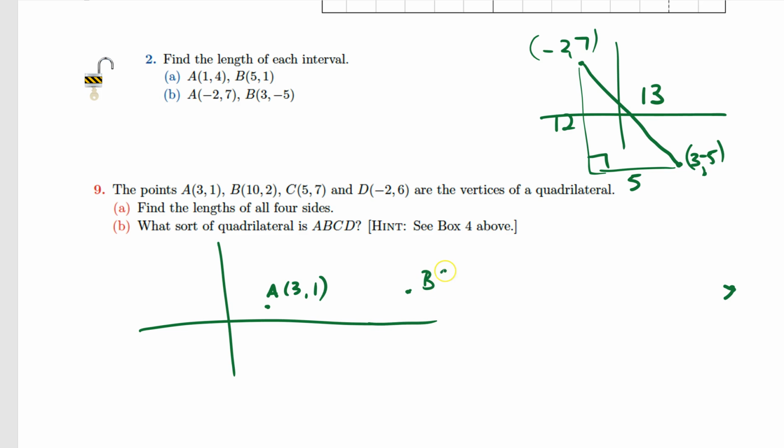So there's B at 10, 2. C is 5, 7, so up here somewhere. And D is -2, 6, so D is across here, -2, and up 6.